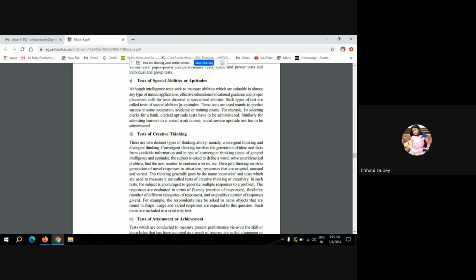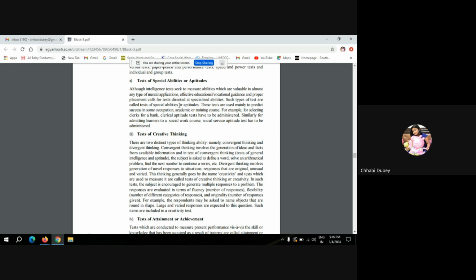Divergent thinking involves the generation of novel responses to situations, responses that are original, unusual, and varied. So these are the two types of creative thinking, convergent and divergent, and they come under the test of creative thinking.